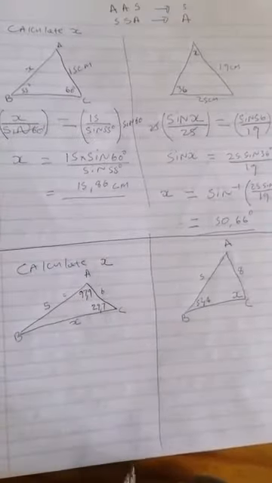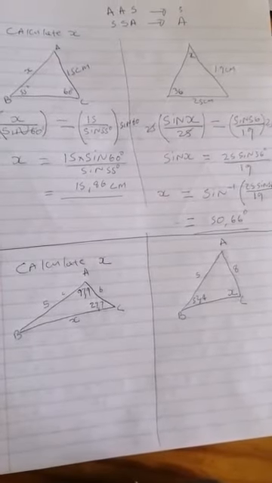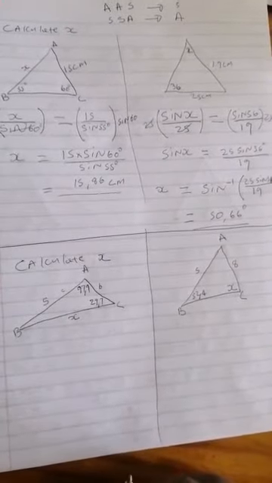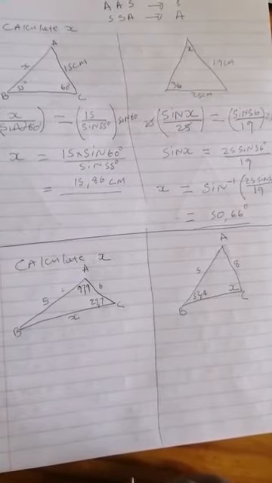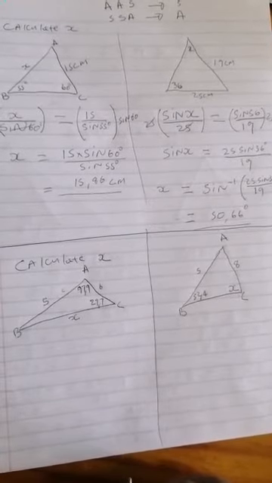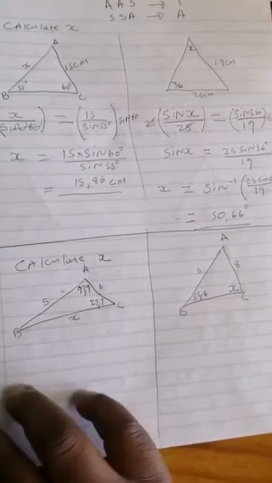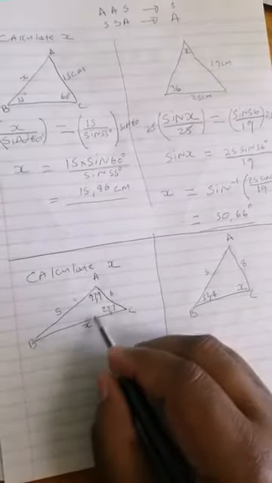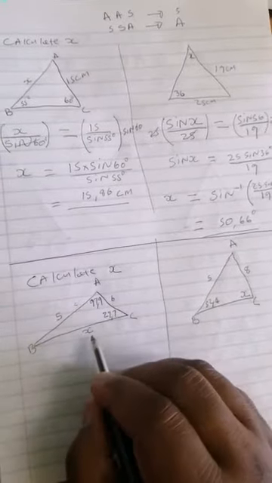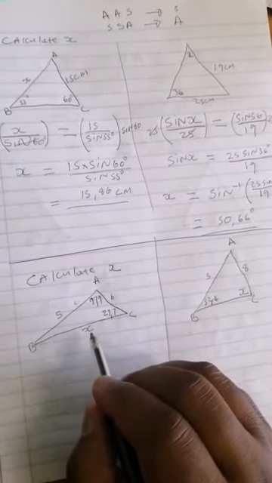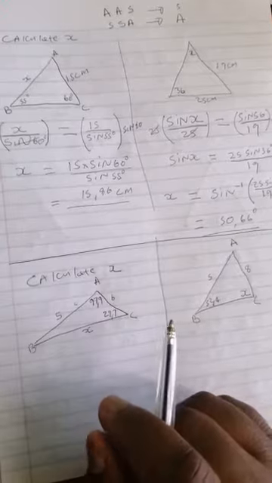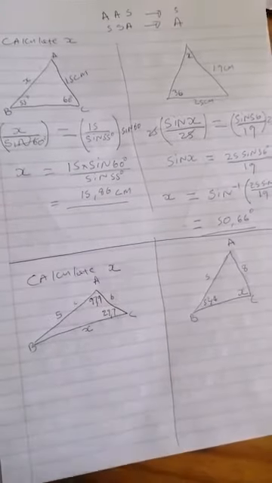So the information is enough here. Now let's see what we're supposed to do. Remember, you're looking for the side, so the equation to use will be the one that has got the side on top. Okay?